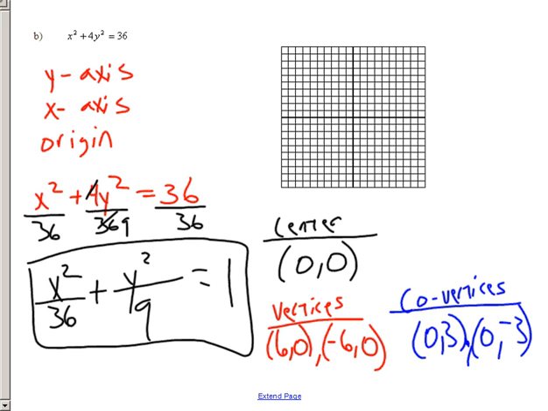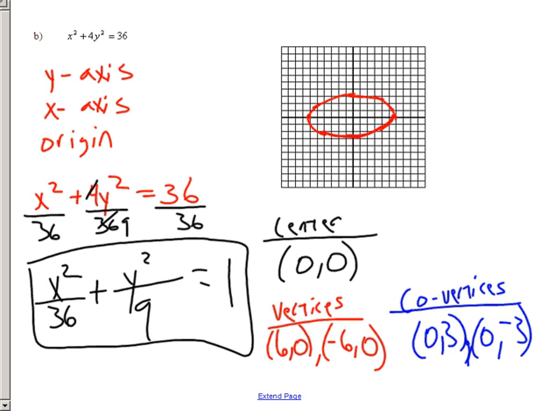Those are the covertices. So really, if you just plot your vertices and your covertices, this will be to the right 6, 1, 2, 3, 4, 5, 6. Back 1, 2, 3, 4, 5, 6. If we go up 3, down 3, we will have a picture of our ellipse.